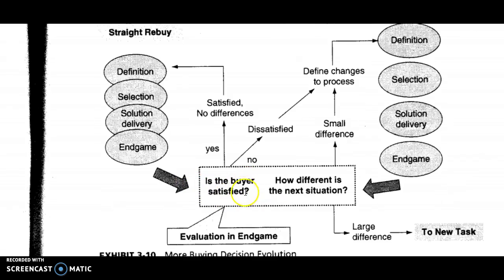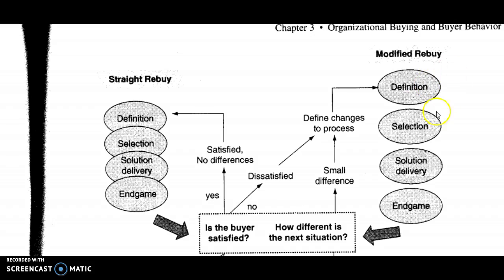Is the buyer satisfied? If yes, satisfied, and there are no differences, then the straight rebuy takes place. If no, the buyer is dissatisfied, we define changes to the process and we come to the modified rebuy.